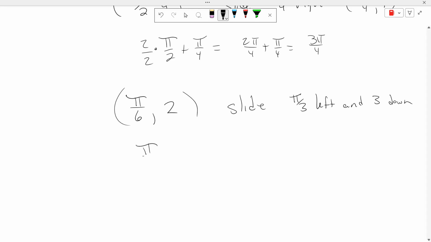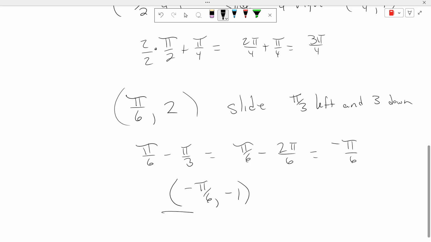So we take pi over 6 minus pi over 3, which is really pi over 6 minus what over 6? 2 pi over 6, which gives us what? What's 1 pi over 6 minus 2 pi over 6? Negative 1 pi over 6. And then obviously 2 minus 3 is negative 1. So if we do the math, we get negative pi over 6, negative 1.